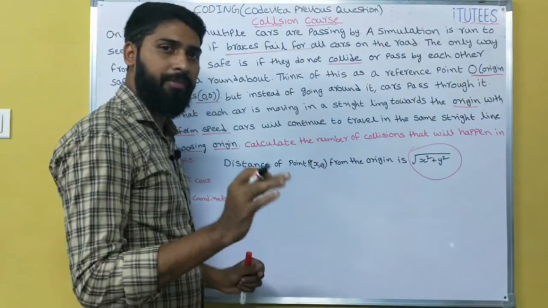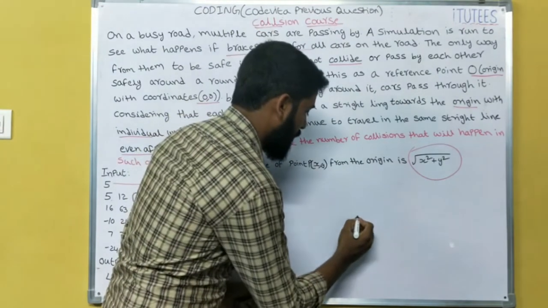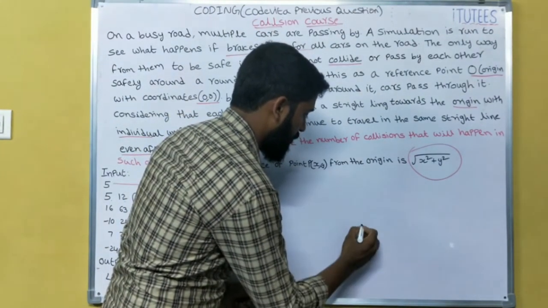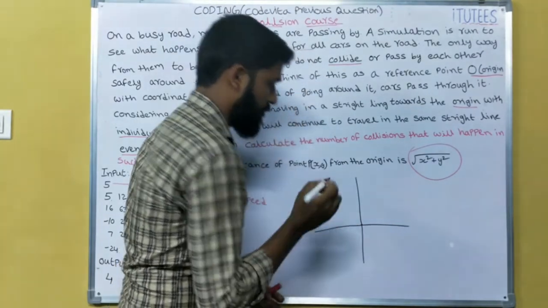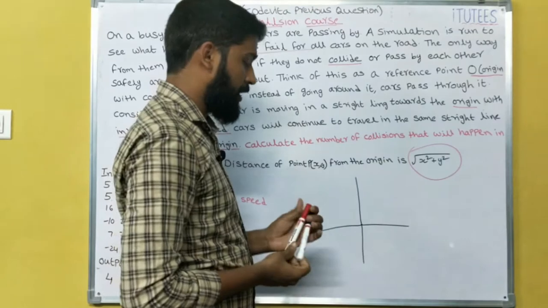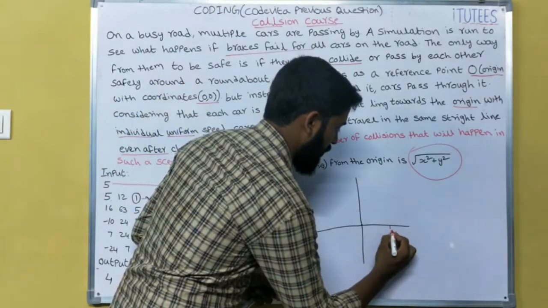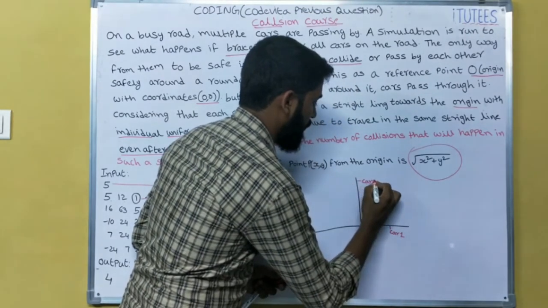Before going to that, we discuss one example. Let us assume that this is the origin. There are only 2 cars we can assume. This is car 1, and this is car 2.